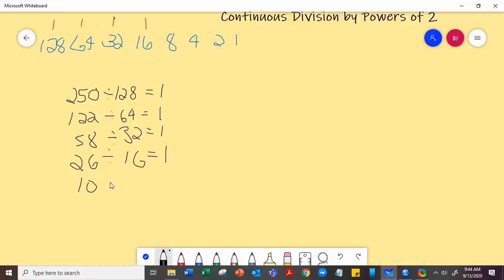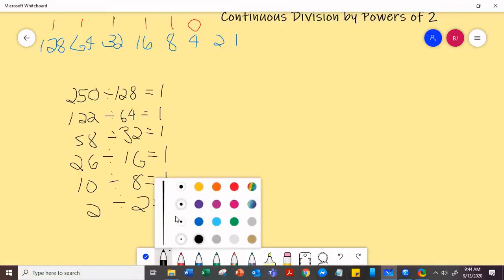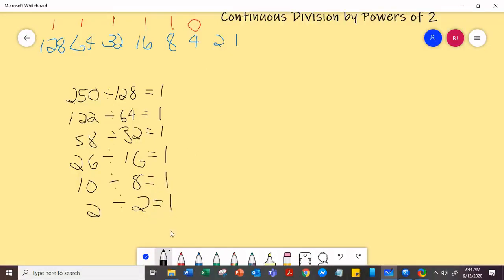10 divided by 8, we have 1, with a remainder of 2. So we won't be using 4, but we'll be dividing by 2. And 2 divided by 2 would be equal to 1, of course, with a remainder of 0.